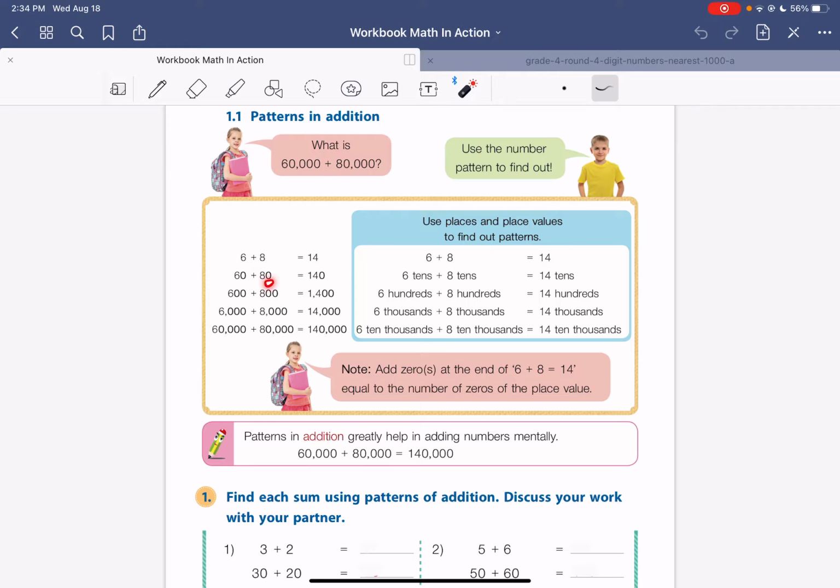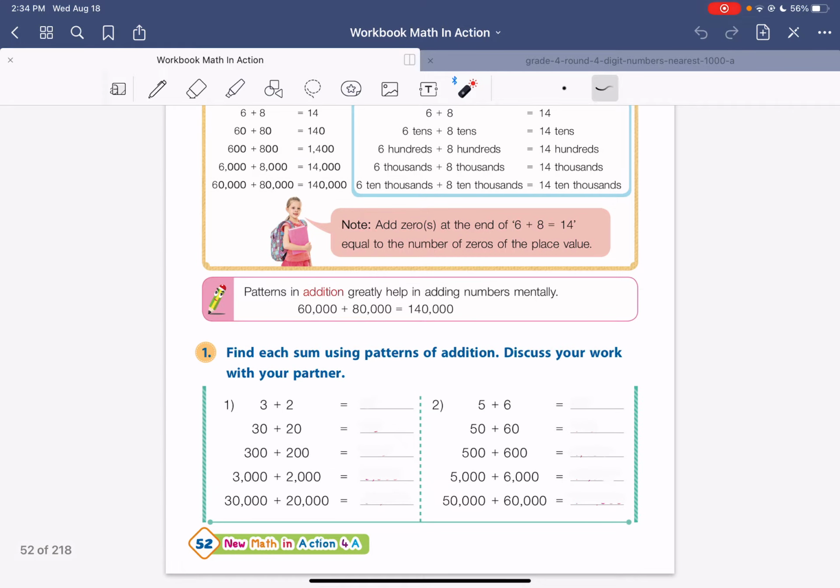We have only 1 and 1, so we only have 1 here. We have 2 and 2, so we have 2 here. We have 3 and 3, so 3 here. We have 4 and 4, so 4 here. So we can use patterns to find the answer for bigger numbers.